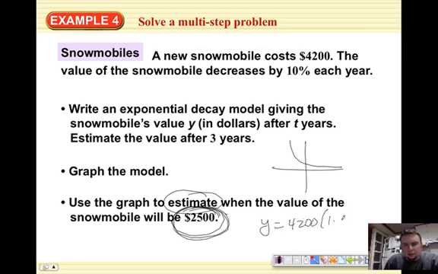4,200, 1 minus 0.1 to the, you can say to the third or to the t. Here's like your x value, and here's your y value. So it's giving you basically y is 2,500. You have to go find x. So it says use this. So you can go up to 2,500 and then kind of look at where it is, wherever this is at.